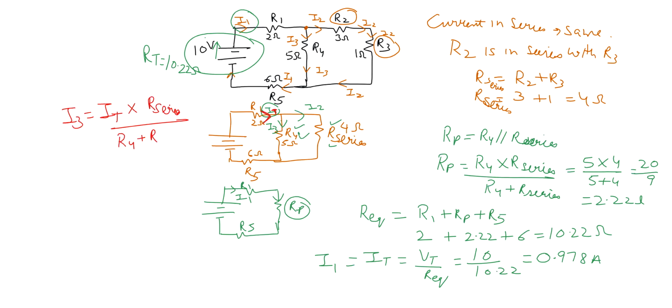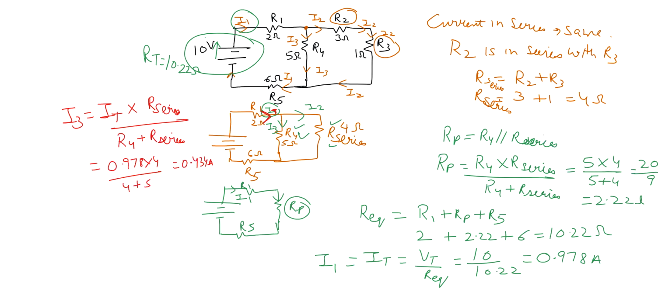So plug in the values: 0.978 times 4 divided by 4 plus 5, that gives me 9. Let's do the math. 0.978 times 4 divided by 9 gives me 0.434. So 0.434 ampere current flows through I3.